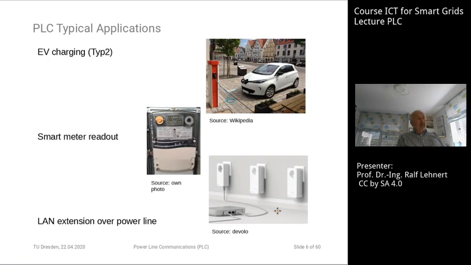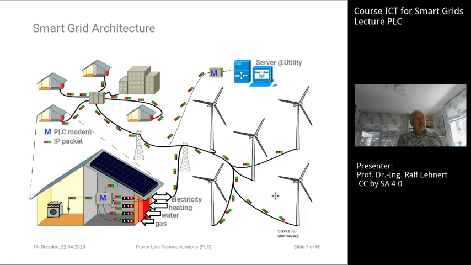That means you need a local area network with a significant bandwidth, and this is also possible, and that is called broadband PLC, or can be run with broadband PLC.